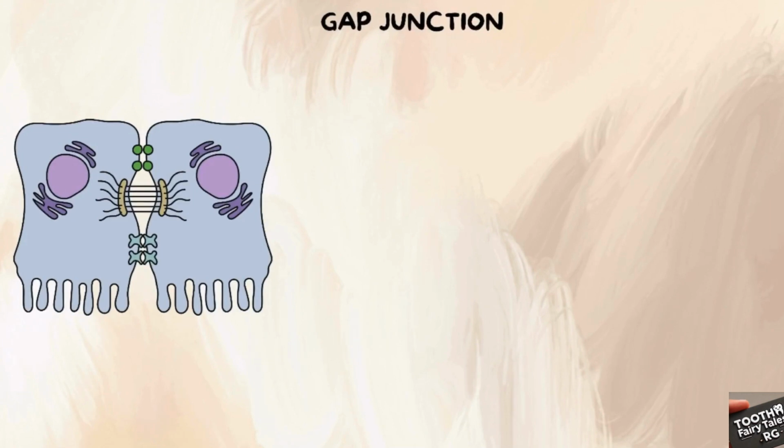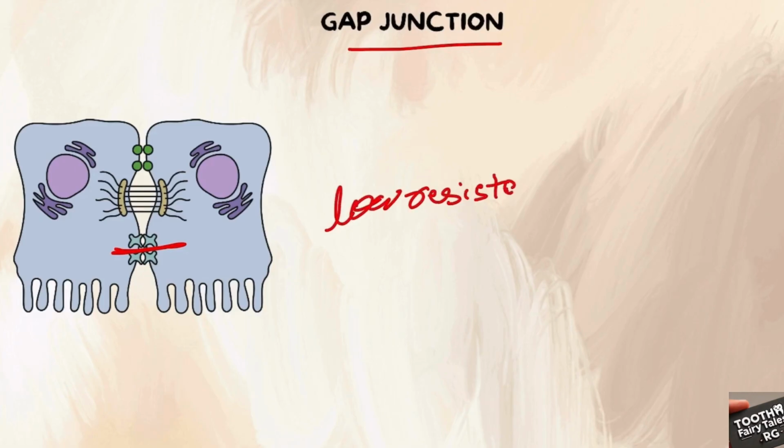Next is gap junctions. They play a crucial role in cell-to-cell communication, and these gap junctions are characterized by their low resistance. These gap junctions facilitate the direct passage of ions and smaller molecules between the adjacent cells.